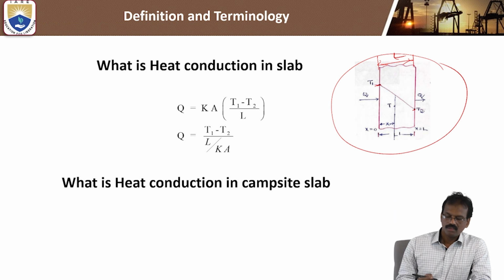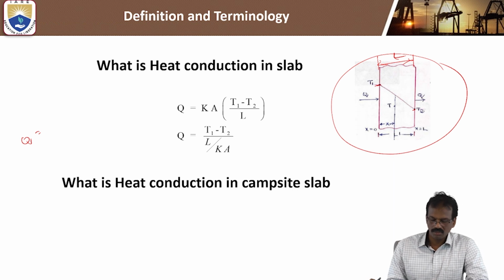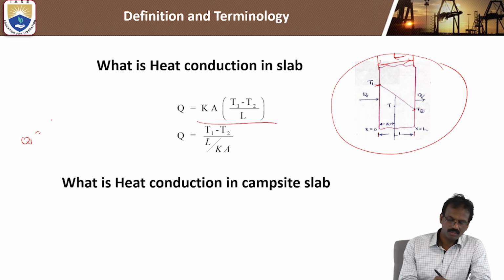So the final formula, you know, according to Fourier's law, by using the boundary conditions: at x equal to 0, T is equal to T1, and at x equal to L, T is equal to T2. You apply the boundary conditions and you will get this formula. The final formula is the thermal conductivity times area times T1 minus T2 by L, the thickness.